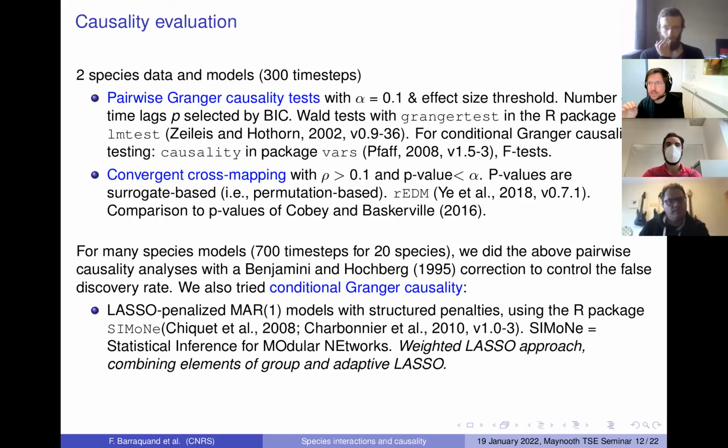Actually, the penalties are not exactly the LASSO, for those who know the LASSO, because we know that there's a modular structure in there, and we have to take into account this modular structure if it is present. For this, you need something like the adaptive LASSO, and we used a weighted LASSO approach, which is a sort of a mix between the group LASSO and the adaptive LASSO.